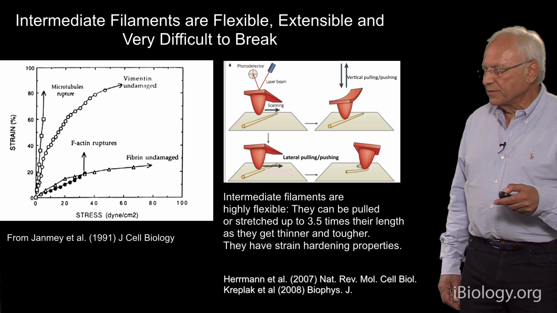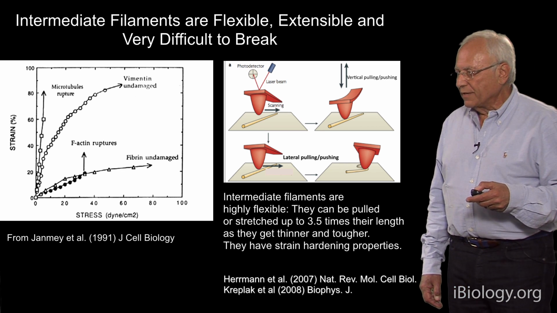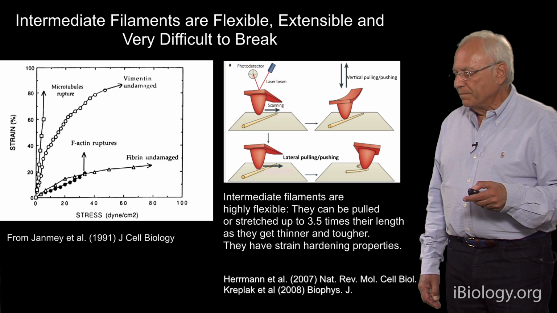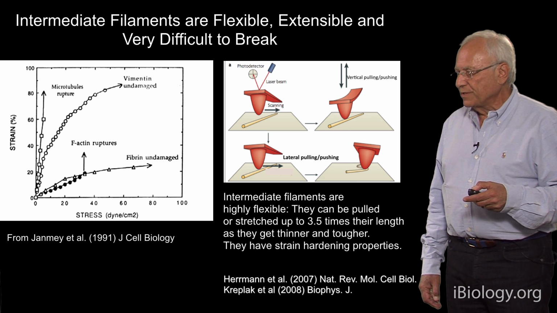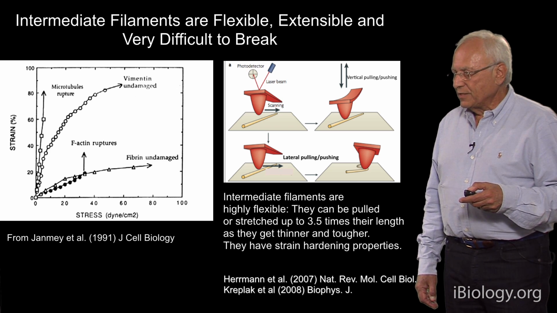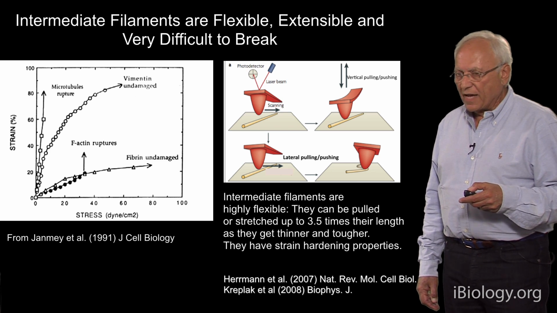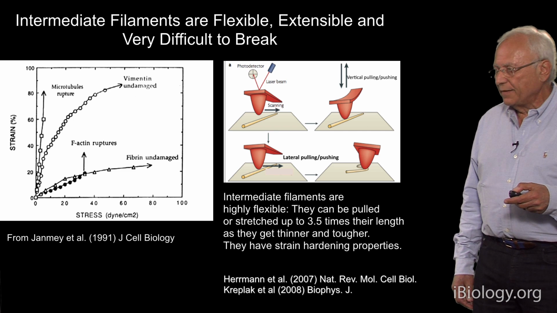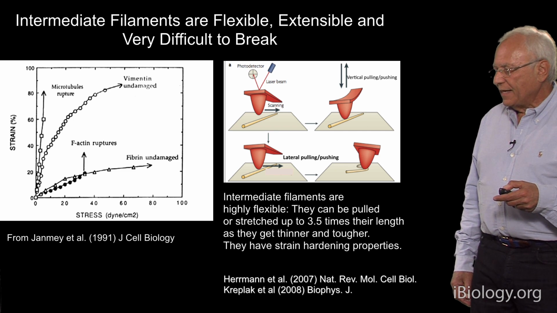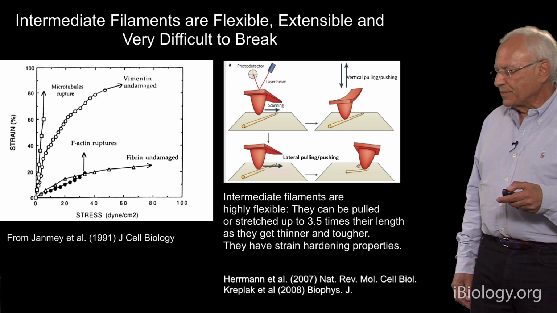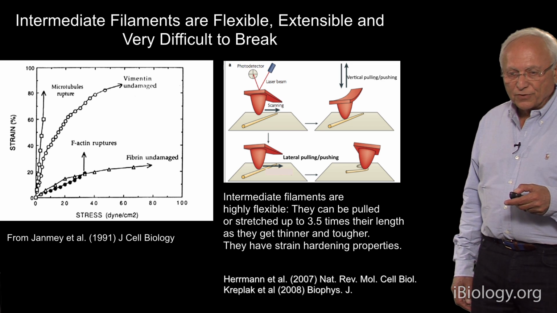On the right side, you can see a drawing from a recent article in the literature which shows that intermediate filaments, in addition to being undamaged by high shear, can actually be stretched up to 3.5 times their normal length. And once they become stretched to this extent, they become very difficult to break.